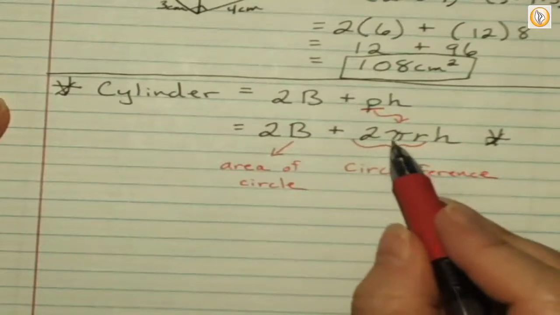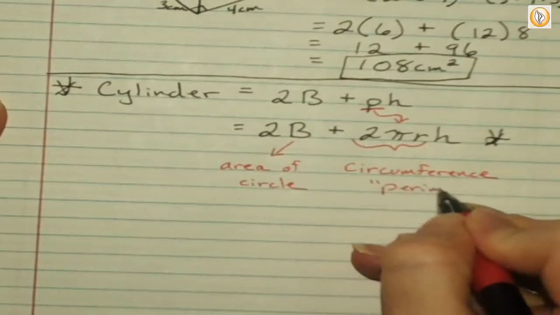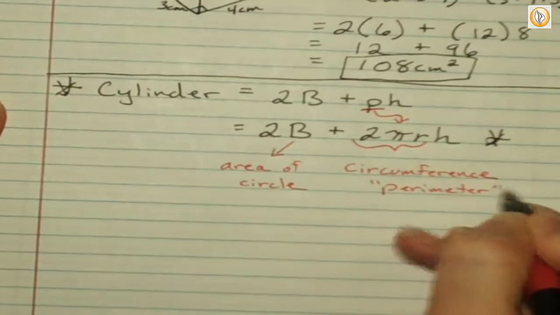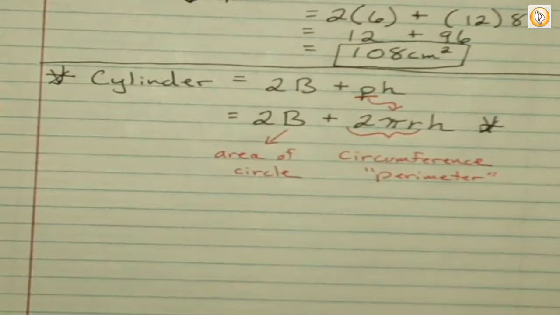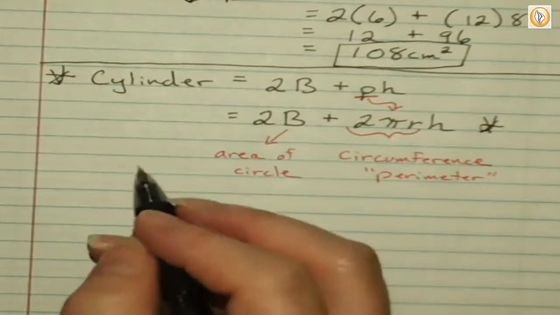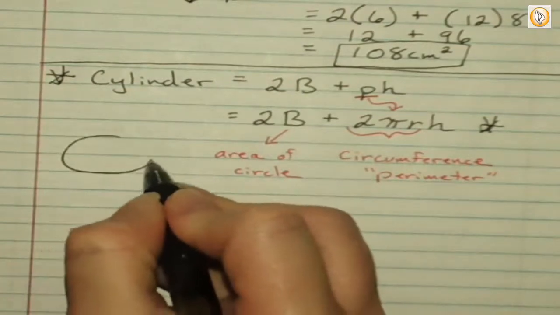Because circumference is the same as perimeter. I'm going to put that right here, perimeter. It's the same thing, but when dealing with a circle, we call it circumference. Okay. So, I'm going to draw my cylinder.